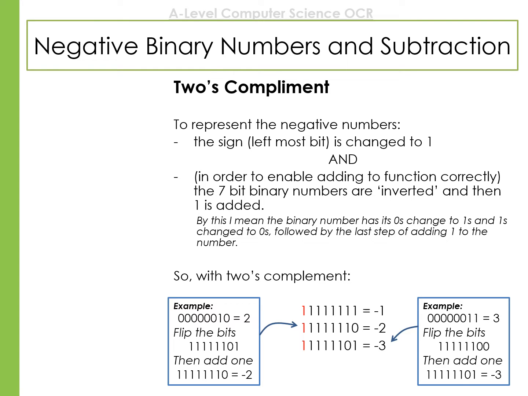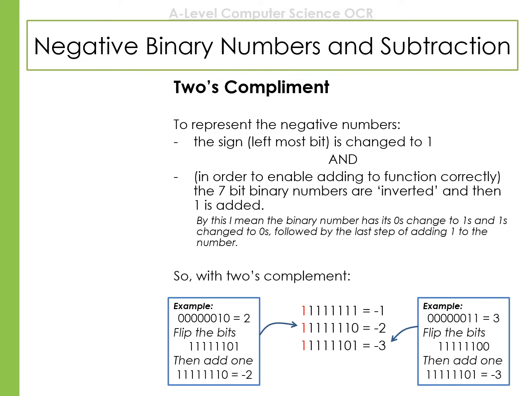But in order for our binary addition to work, we have to do something slightly different, and this is where 2's complement comes into place. The 7-bit binary numbers are inverted and then we add 1. So any number that is a 0 has to change to a 1, and any 1 has to change to a 0, followed by the last step of adding 1 to that number.